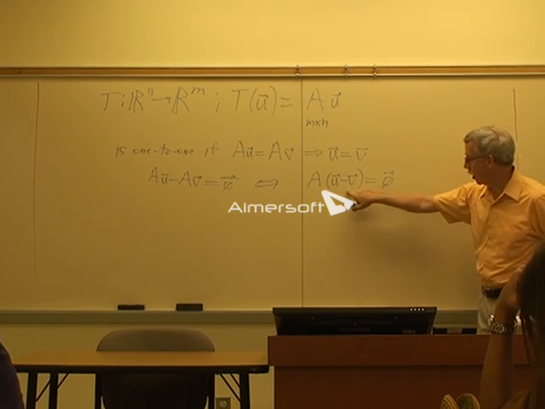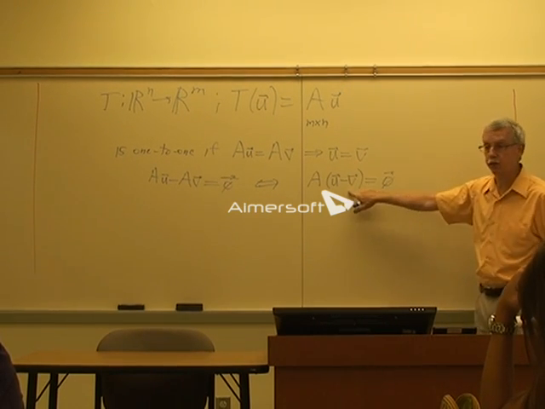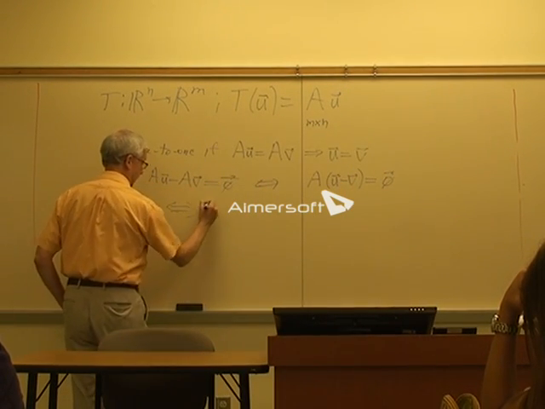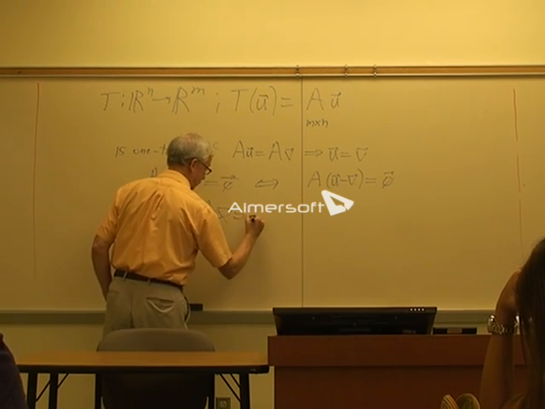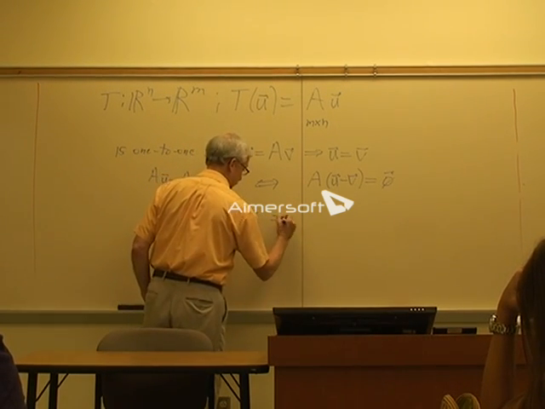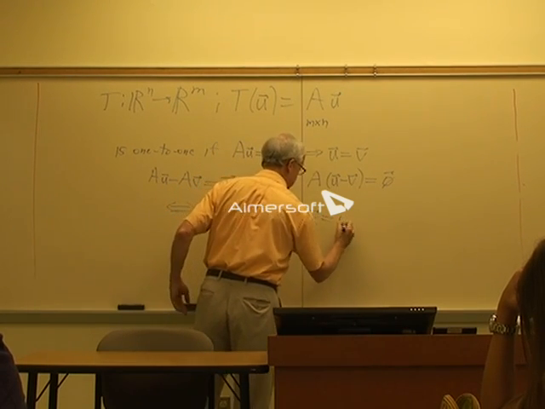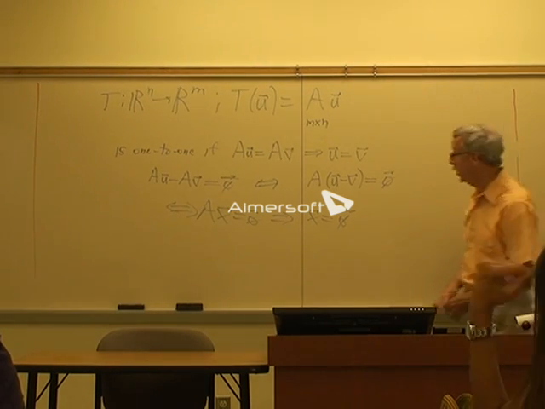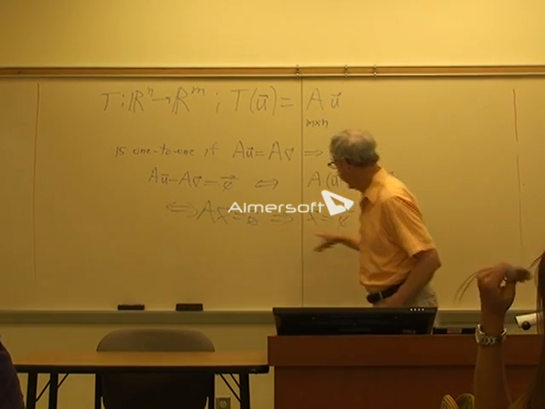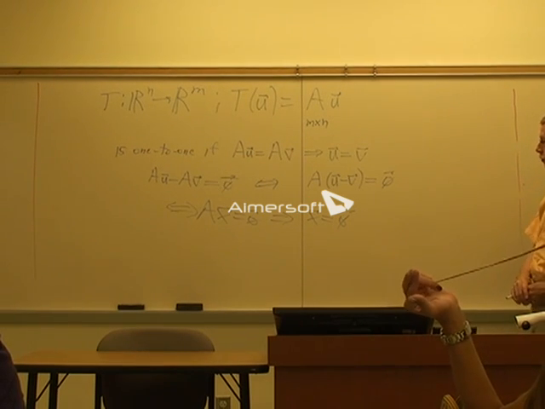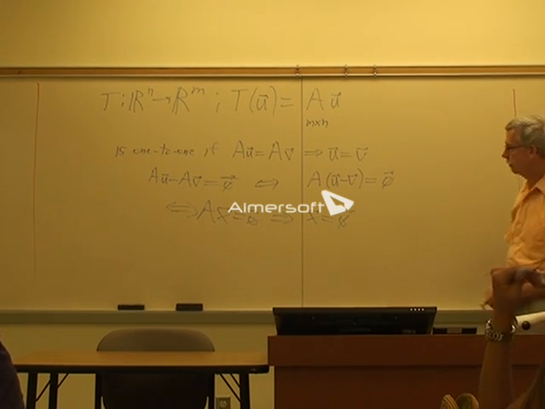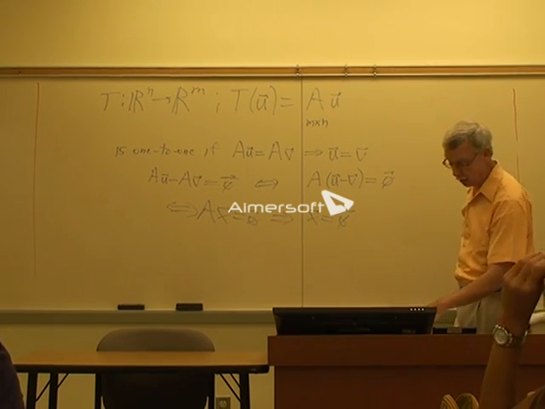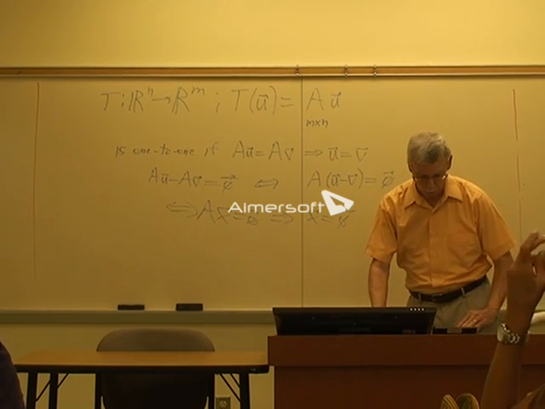But this condition implies what about u minus v? Well, they're equal, so that's 0. And remember, that's really the definition of one-to-one in a linear transformation: the homogeneous equation only has 0 as a solution. So there's an example of one-to-one and onto tests in a familiar domain.